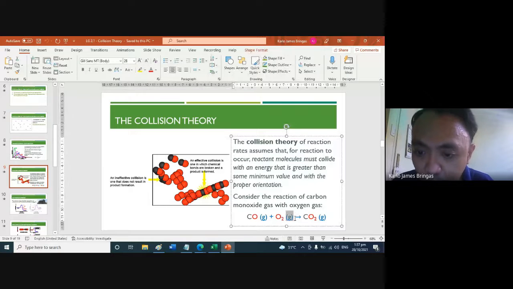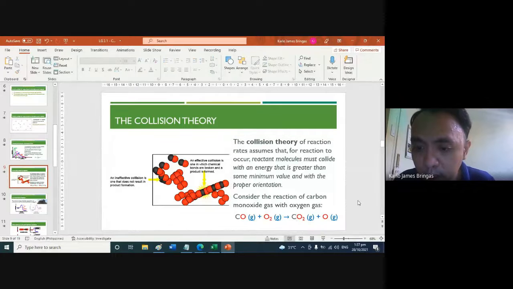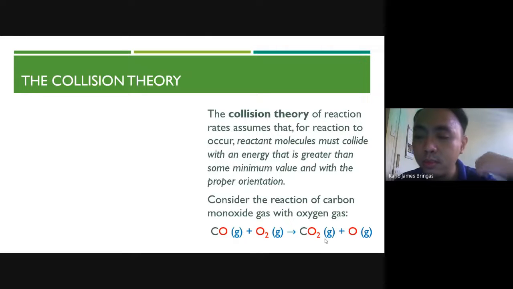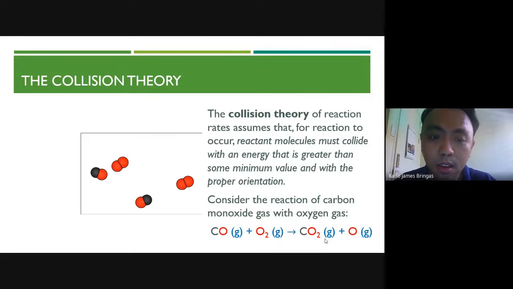The reaction of carbon monoxide gas with oxygen gas produces carbon dioxide plus an oxygen atom, like so. So let's say we have the following reactant molecules to start off with.